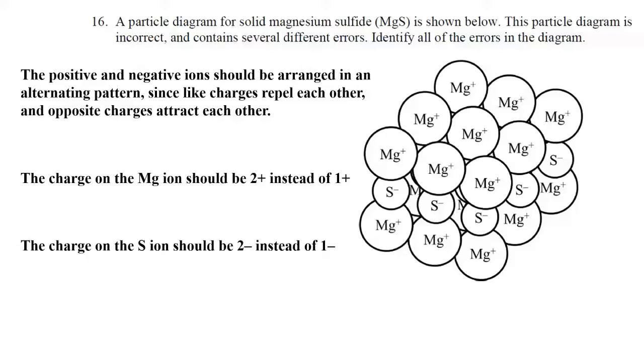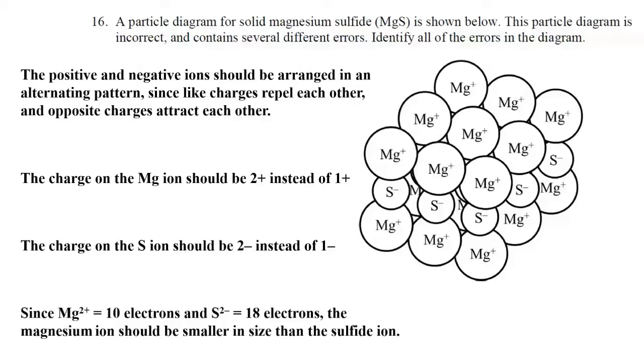Finally, as we saw in the previous questions about particle size, we should consider the number of electrons to decide which ion is larger or smaller. Since magnesium 2+ has 10 electrons, and sulfur 2-, the sulfide ion, has 18 electrons, the magnesium ion should be smaller in size than the sulfide ion. So those are the mistakes that are present in this diagram.